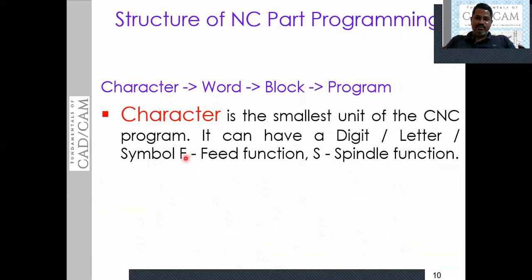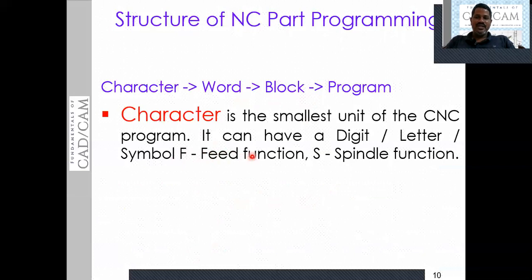Then F, you have one more character, one more code here. F is the feed function, S is the speed function. F followed by a number, assume you have F200. We use F200 in a word, and that word tells us 200.